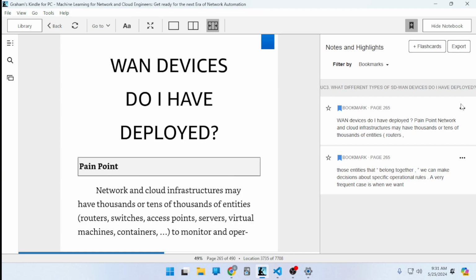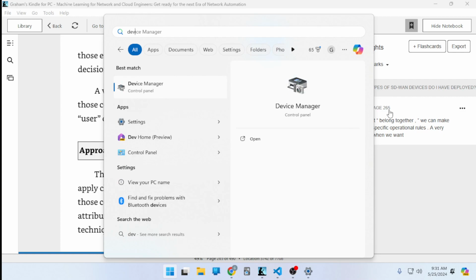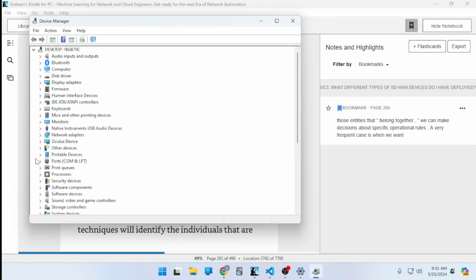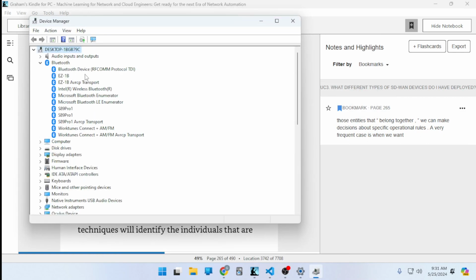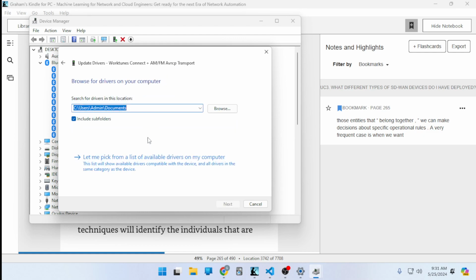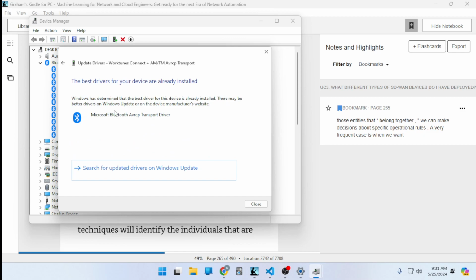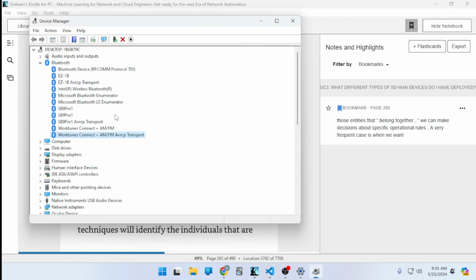And I apologize here, this is kind of interrupting the flow of the video, but I've got one more thing I would like to do, which is the device manager, Bluetooth, and see if there's something I can do here to maybe update the driver. Automatically, so it's already found it.